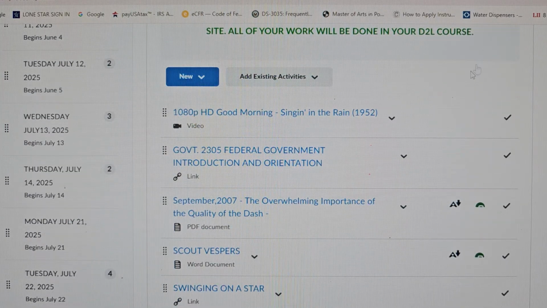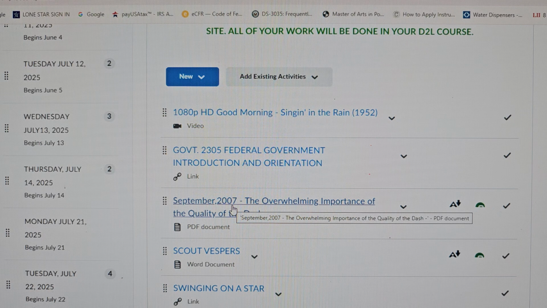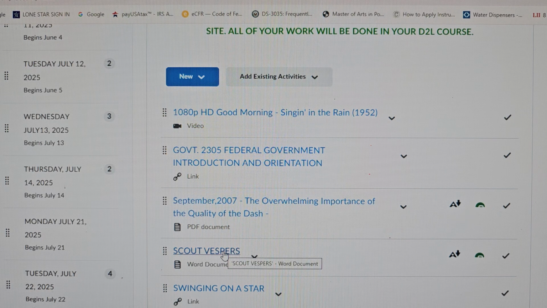You have some songs like Good Morning from the musical Singin' in the Rain. You have this federal government introduction and orientation. Then you have something called the overwhelming importance of the quality of the dash, and I urge you to read that and reread it and think about it. Also, Scout Vespers, Swinging on a Star, America the Beautiful, Chuck Berry, Time to Say Goodbye, sung by Jackie Avancho.